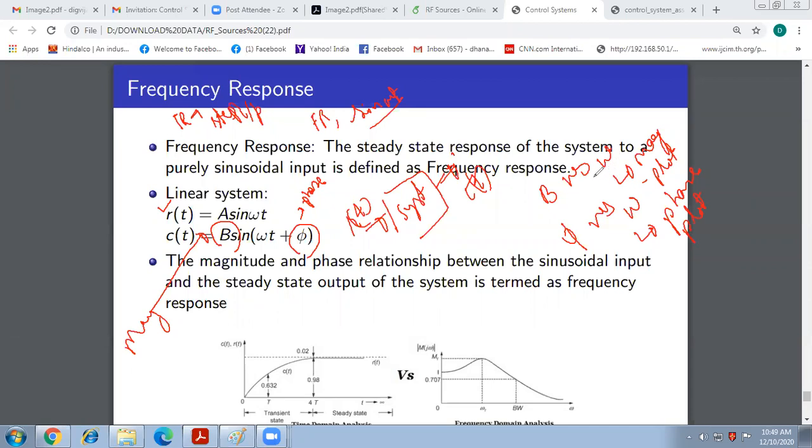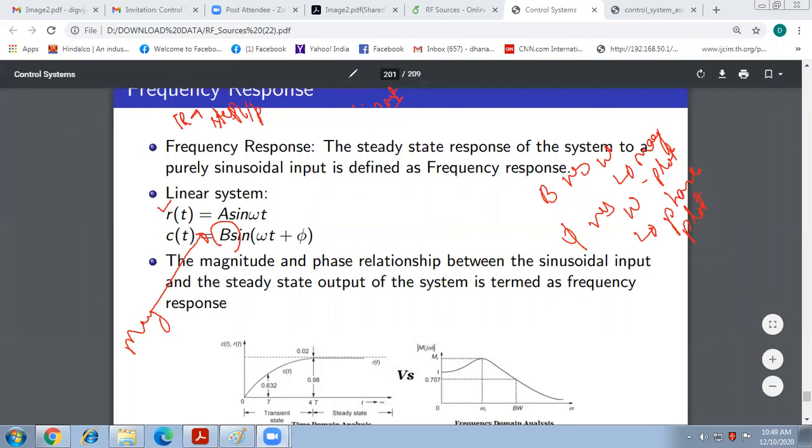Guys, can any one of you summarize what I just said for the last 10-15 minutes? Yes, someone. Yes, Shrivali Sarvani, would you like to tell us what is frequency response?